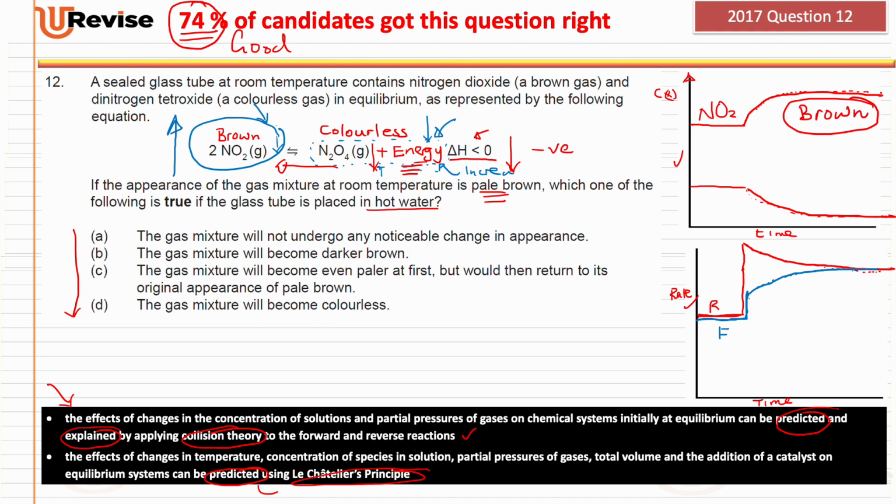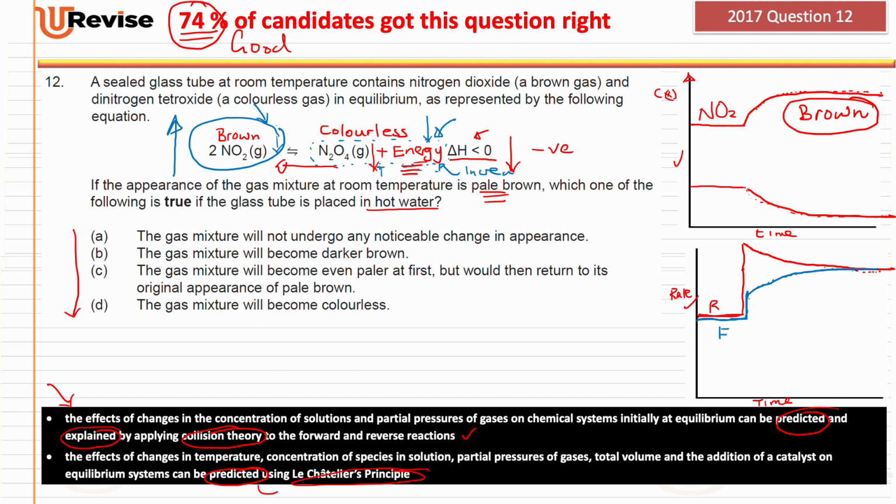You should be able to take a scenario like this and represent it as a rate-time graph, a concentration-time graph, or a partial pressure-time graph. It doesn't matter. You should be able to work with both. As you can see, I could take this same question 12 and change it into a short answer or extended answer question. There's nothing stopping me from doing that.